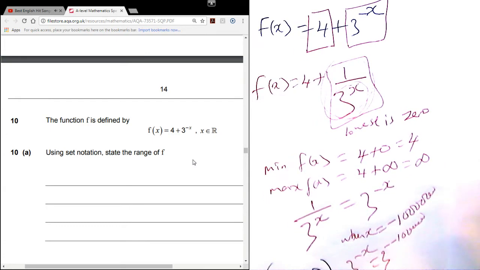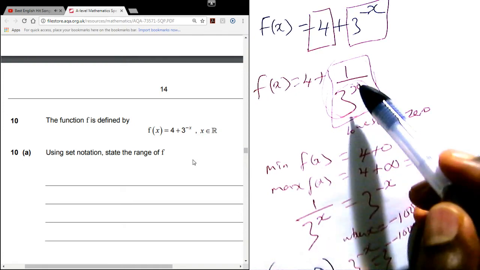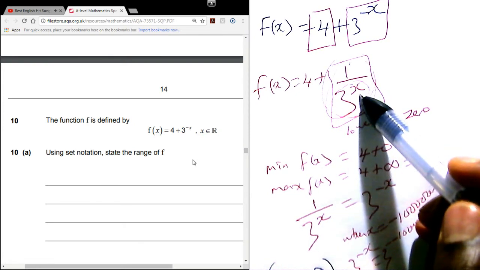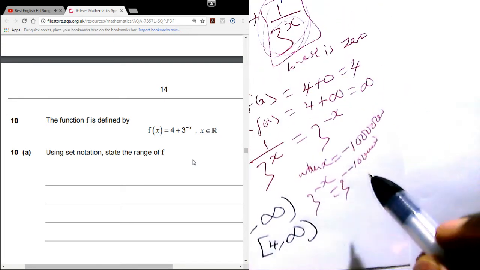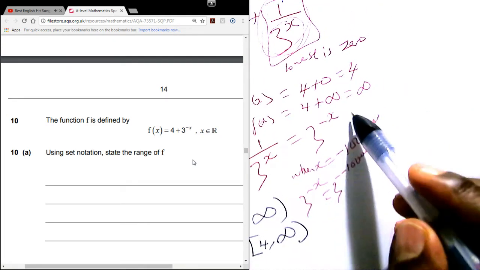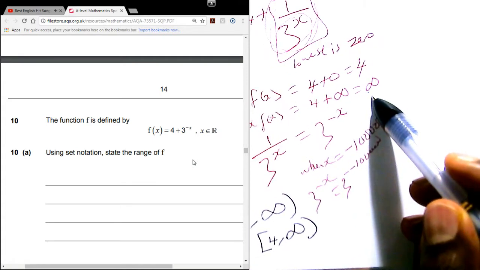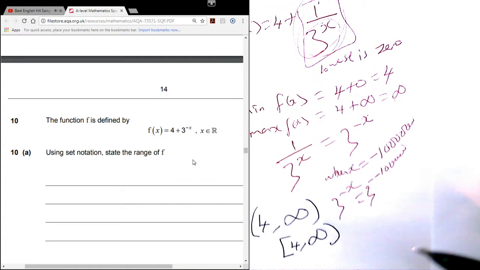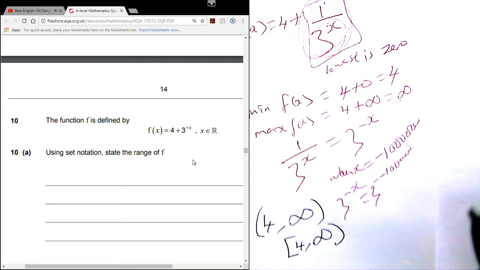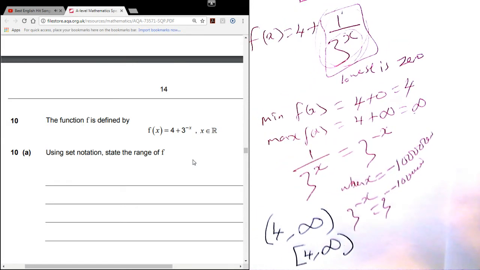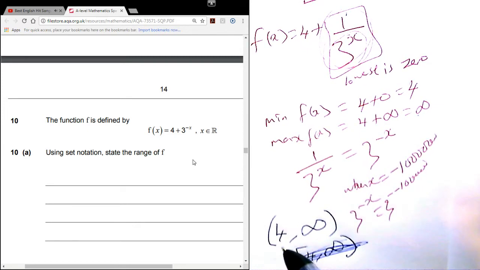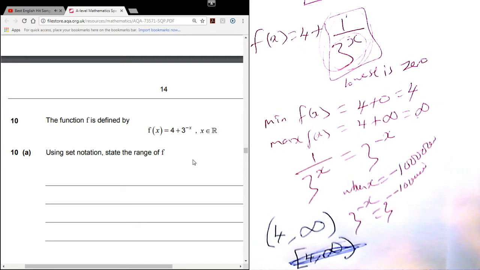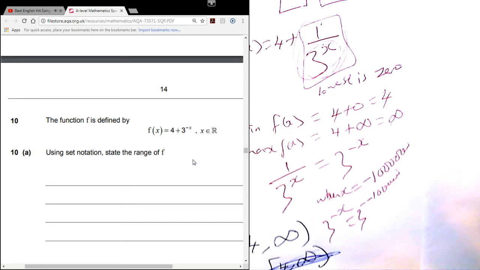So if x would never go to infinity, then 1 over 3 to the x would never ever get to 0, and so 4 plus whatever would never ever become 4. The same thing here, you would never really have anything called infinity, so we don't usually include infinity in our intervals. So what this means is that it's going to be round brackets instead. It's not going to be square brackets, it's just going to be round brackets for both of them, because they would never really happen. Okay.